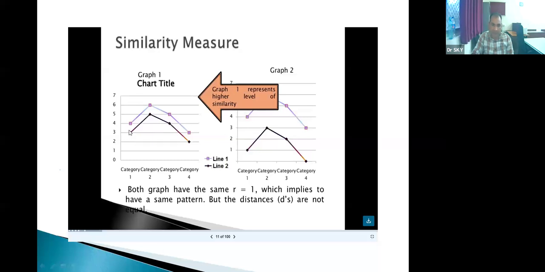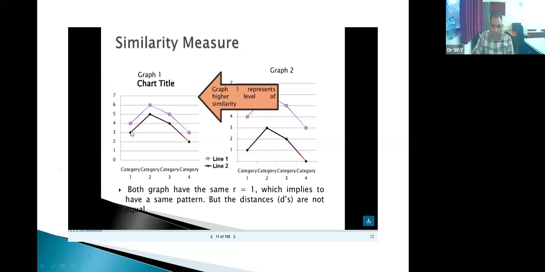In both graphs, the correlation is 1, perfect. Corresponding to every point, there is another point. The second curve is a copy of the first one, almost similar, and the correlation is the same, that is 1, perfect correlation.